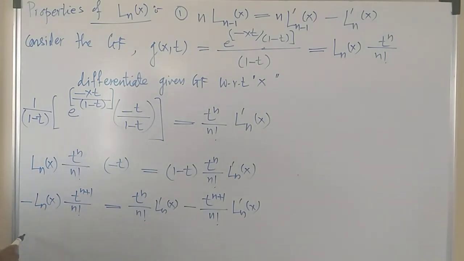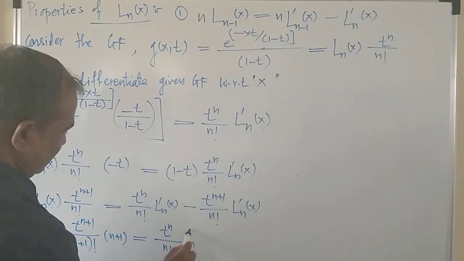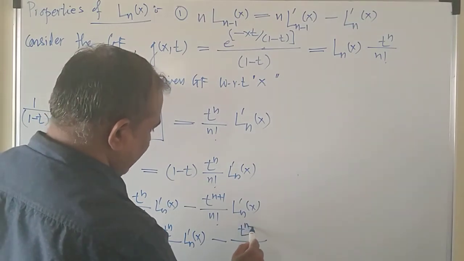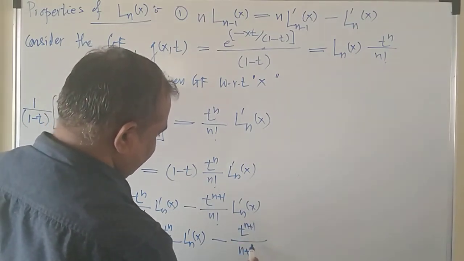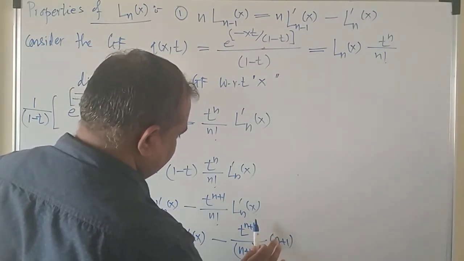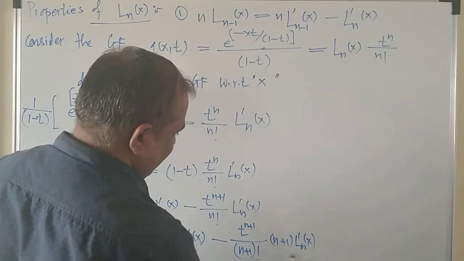After doing that, what you will get is minus Ln(x) into t raised to n plus 1 divided by n plus 1 factorial into n plus 1, which is equal to t raised to n upon n factorial, as it is, into Ln dash of x minus t raised to n plus 1 divided by n plus 1 factorial into n plus 1 into Ln dash of x.